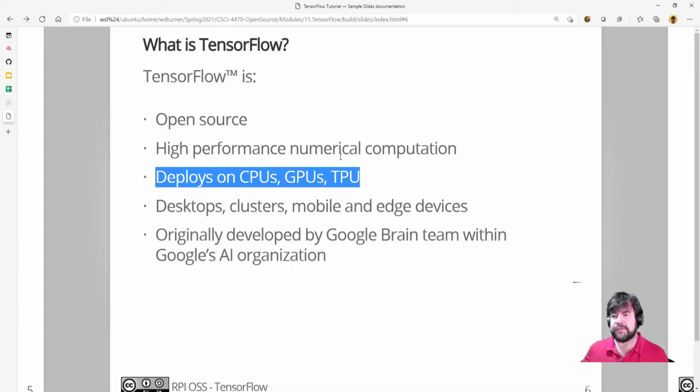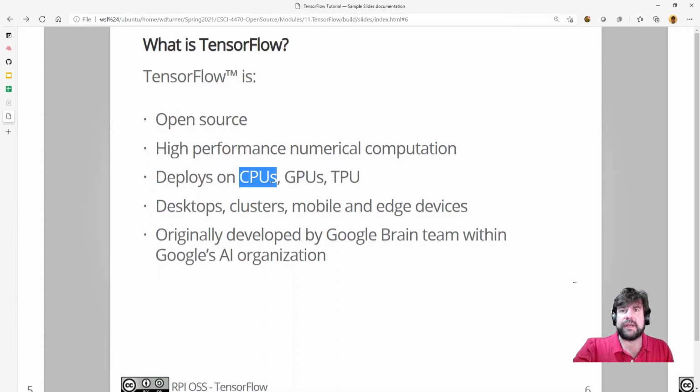There's a lot of training involved in actually determining what parameters best fit your model, and that training requires that extensive gradients and double derivatives be calculated. So it does actually support things that allow you to do parallel and distributed processing on cutting edge processors. You can run it on desktops, clusters, mobiles, edge devices, lots of places you can deploy it.